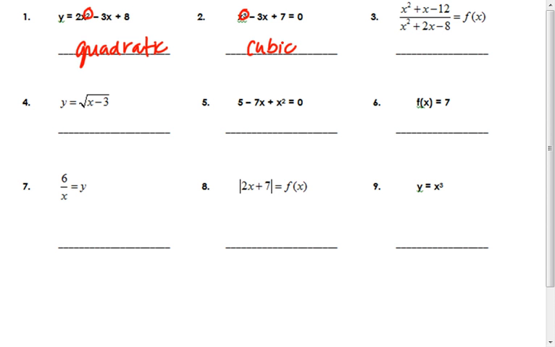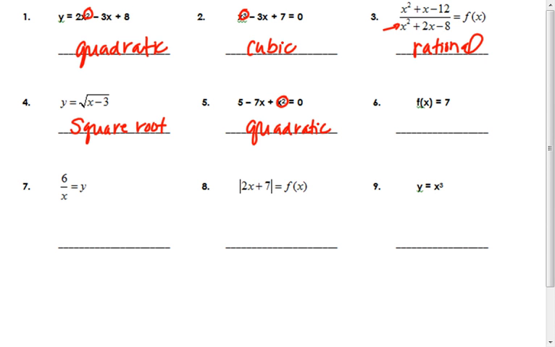Number 3 is a fraction, and it does have variables down here, or letters in the denominator, so this is rational. Number 4 has the square root symbol in it, so it's a square root function. Number 5, things are written kind of out of order there, but again, it has a degree of 2, so it's quadratic.